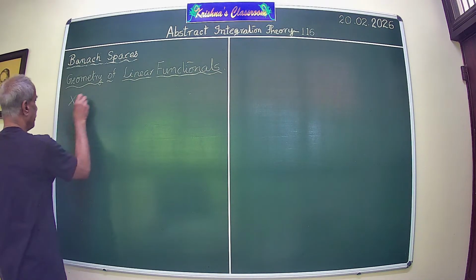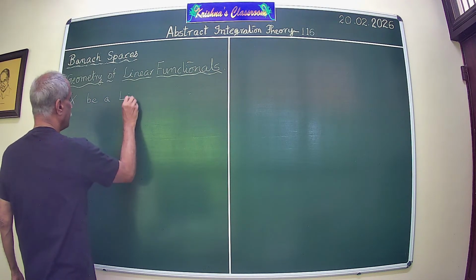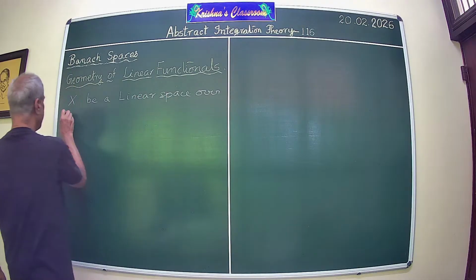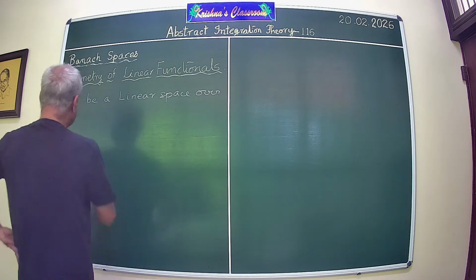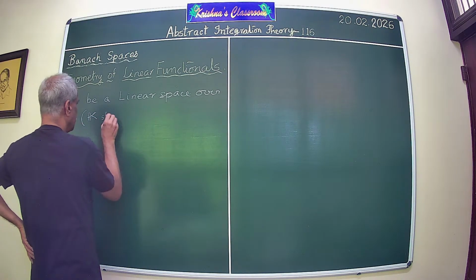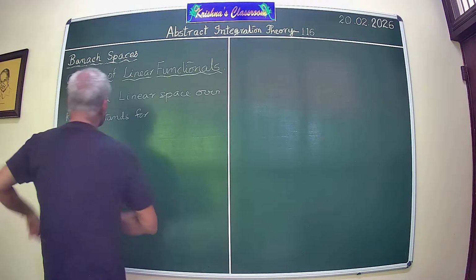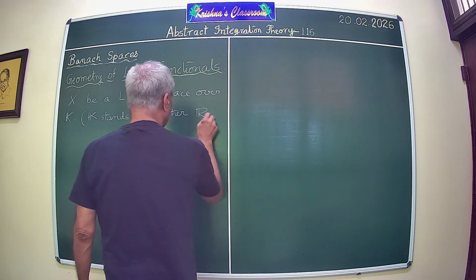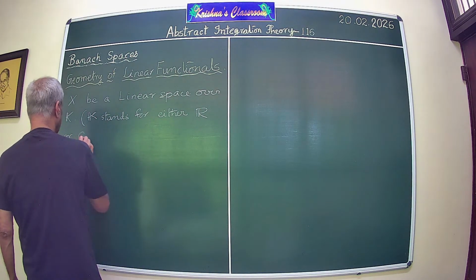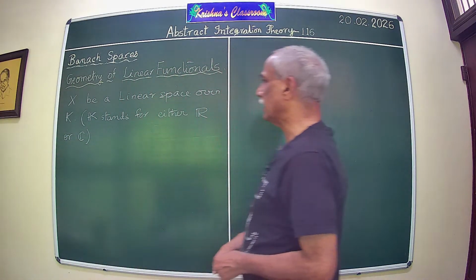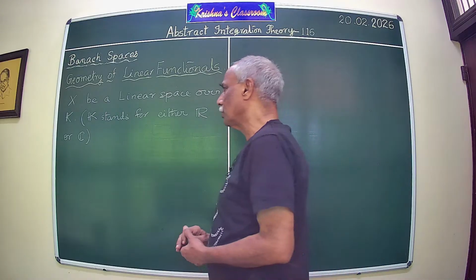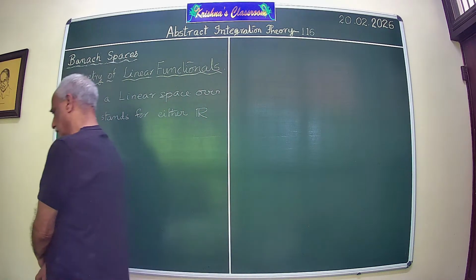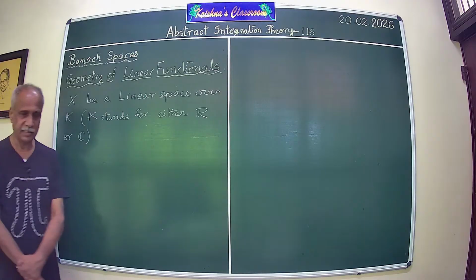So let X be a linear space over K. Now K stands for either R or C. Both are fields, and it simply says X is a linear space over R or X is a linear space over C, depending on whether your vector space is a real linear space or a complex space.